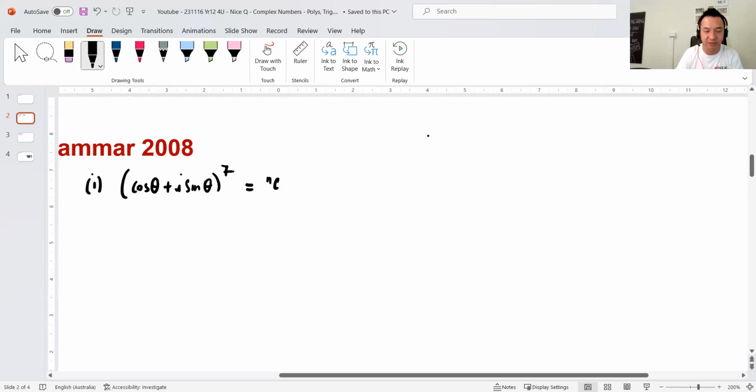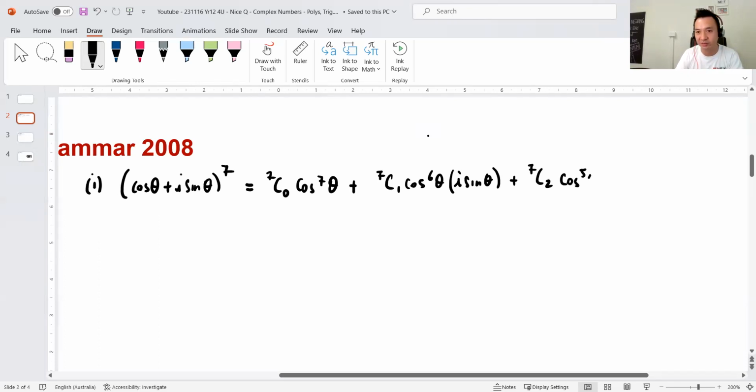Okay, nCr, so 7C0, right? cos^7 θ plus 7C1, yeah, we'll punch that in later. That's cos^6 θ times i sin θ plus 7C2. So like I said, it's a bit tedious, right?